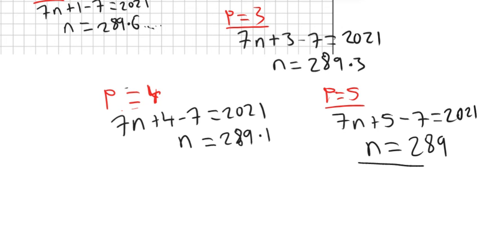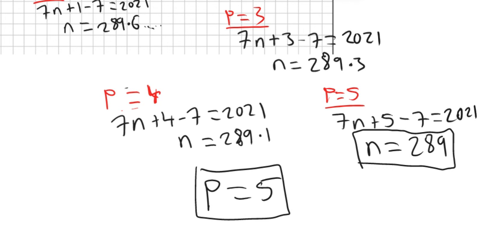And no decimal point here, we're happy to see. So n is 289, so p is equal to 5. So 5 is the lowest value then, that when you sub it in you get a whole number.